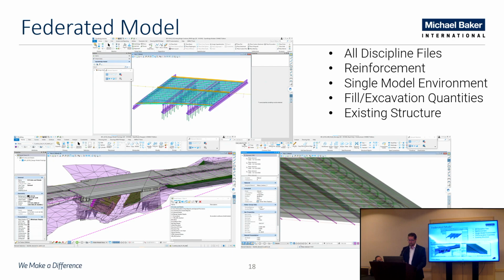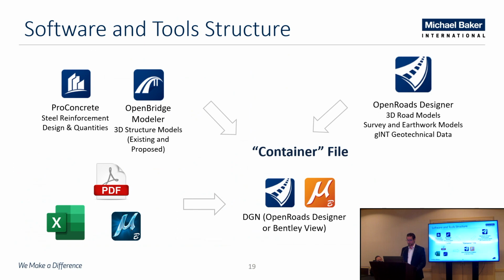You can see some examples of how that looks with the grading, the roadway. All of those models are separate, but they're brought into one environment. Here's a little diagram of what that looks like, where that container file is: roadway design information, structures design information, and additional details, sheets, reports that we're also bringing.